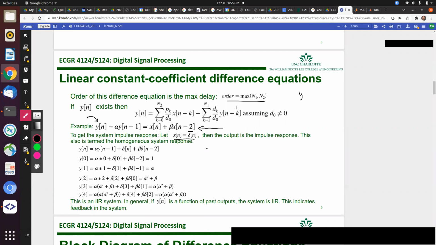You'll be able to solve the system in both circumstances. If you have the initial conditions, you can solve it. Now, if the initial conditions are 0, it's linear and time invariant. If the initial conditions are non-zero, it is not LTI because the initial condition doesn't shift. You can shift the entire difference equation, but the time at which the initial conditions are defined to have a non-zero value doesn't shift with the output.